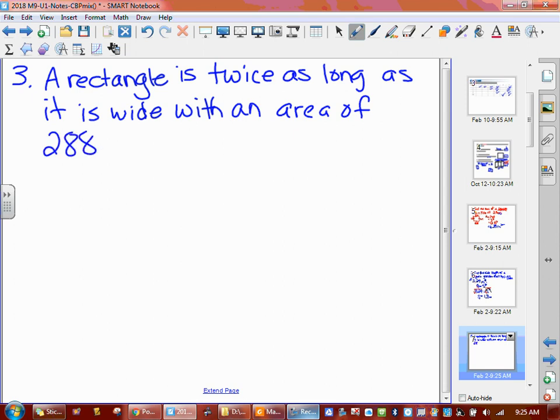Determine the length and width of that rectangle.